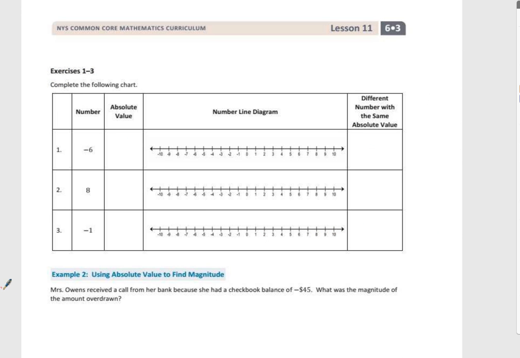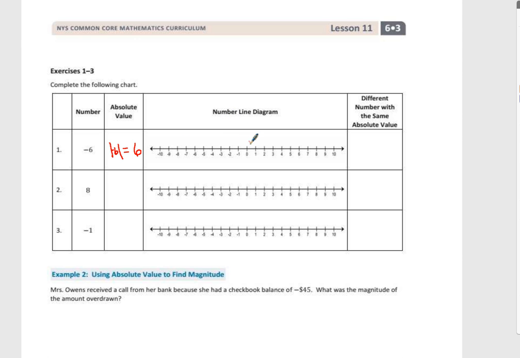Next problem. As we take a look at this one, it says the number 6, and we need to fill in the absolute value. So we're going to go absolute value of negative 6, and what is it? 6. The number on the number line, ready?